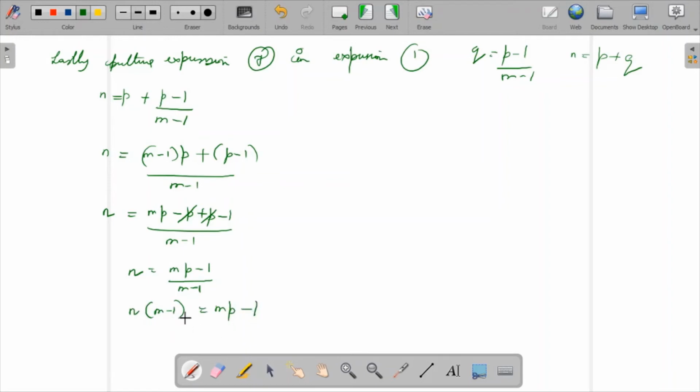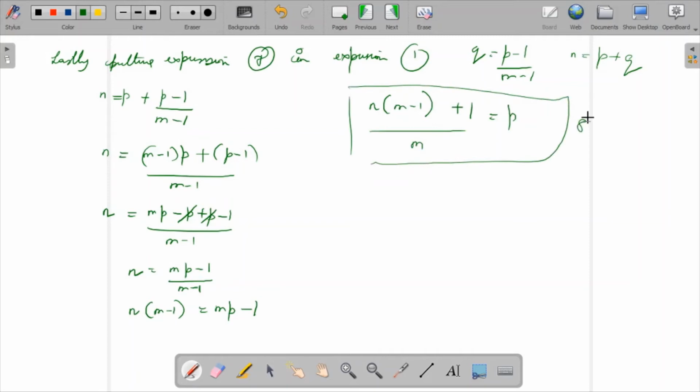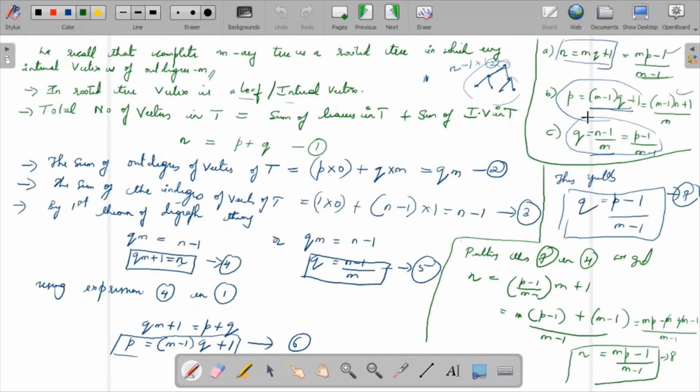If I want to take p this side, it would be n into m minus 1 plus 1 divided by m, which gives p. So this is the 8th equation. It is nothing but n into m minus 1 plus 1 divided by m, which gives me the value of p.